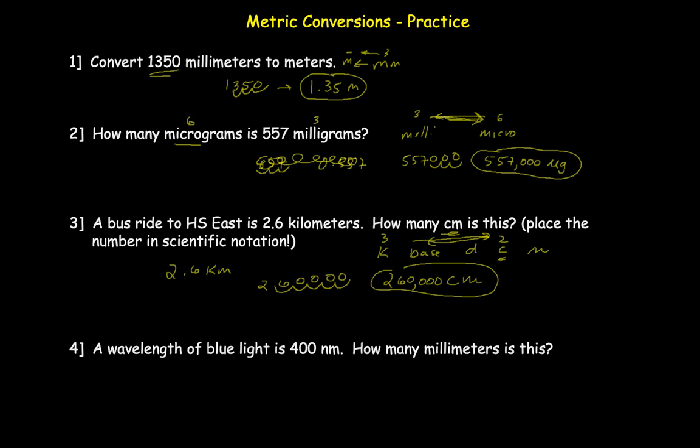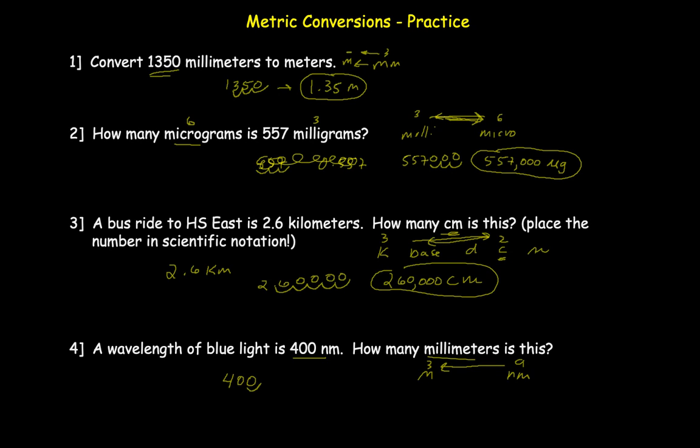Okay? And let's just say we have our blue light is, say, 400 nanometers. Well, nanometers is here, right? On the right side. That's 10 to the 9. And then we've got to go back. They want to know how many millimeters. So milli is here. Okay, so we're going to go from 9 to 3. So we're going to go all the way back to 3. 9 to 3 is 6 places. So we're going to take 400, and we're going to go back to millimeters.